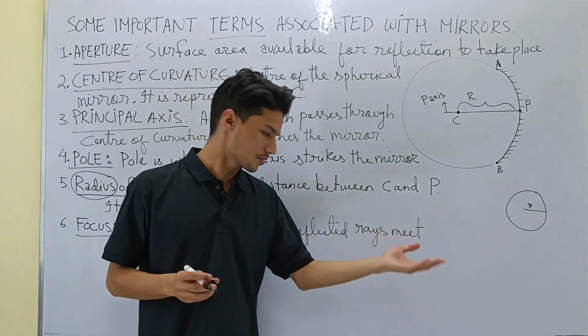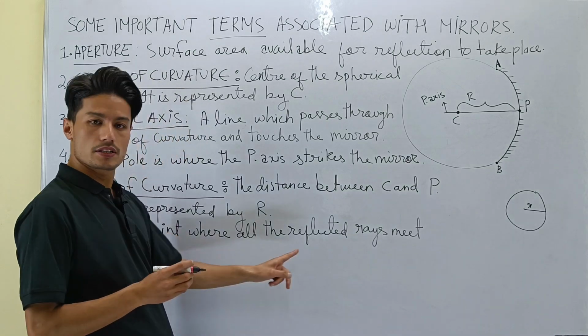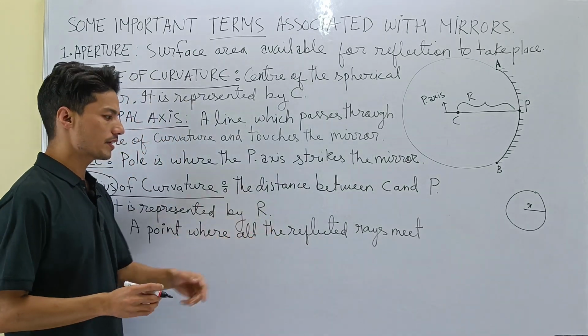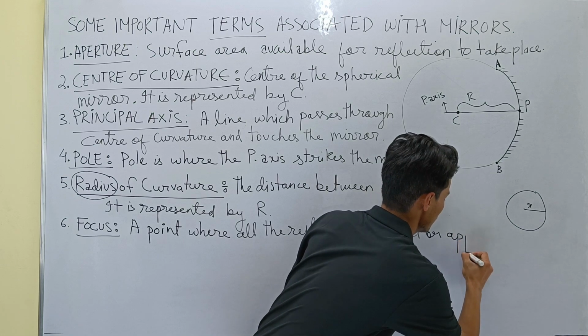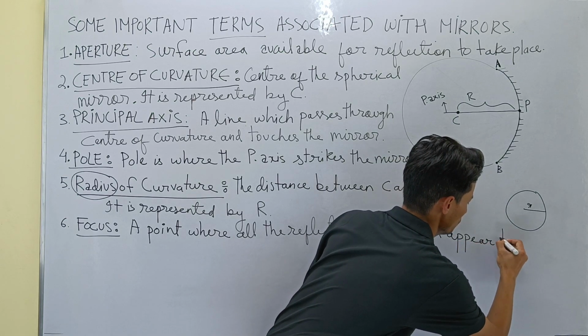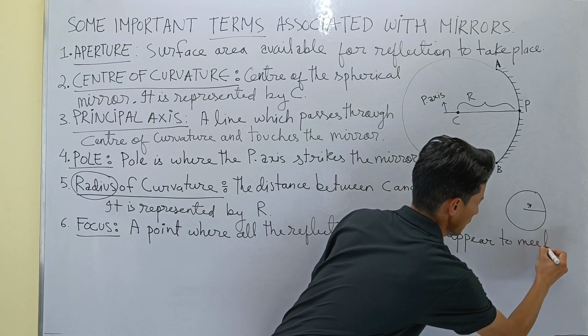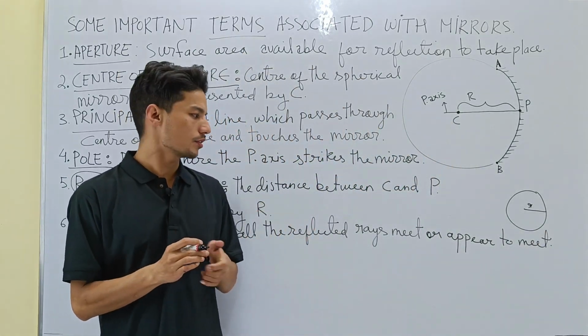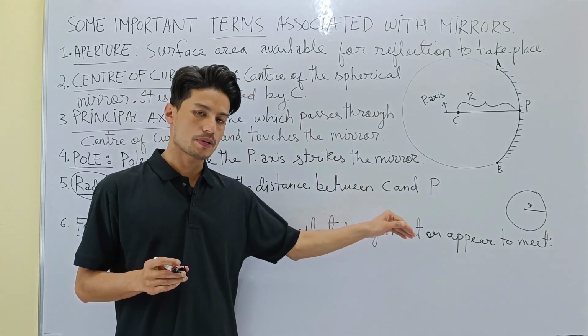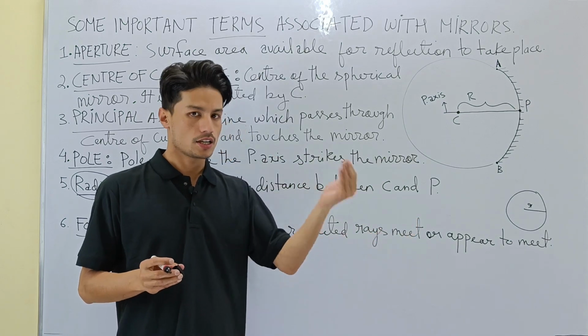They appear to meet. So we have to address that too. So focus is a point where all the reflected rays meet or appear to meet. All right, so now we have addressed the focus with respect to both the concave mirror as well as the convex mirror.